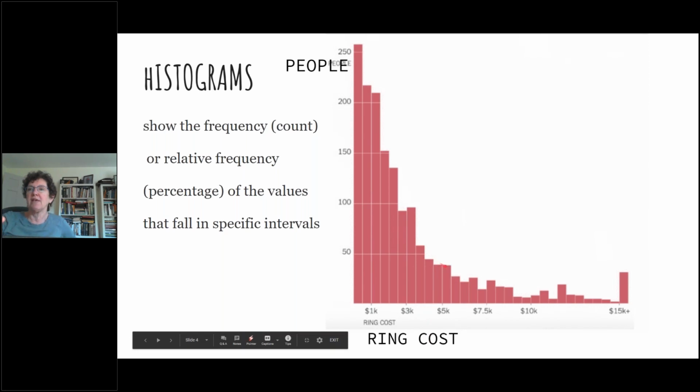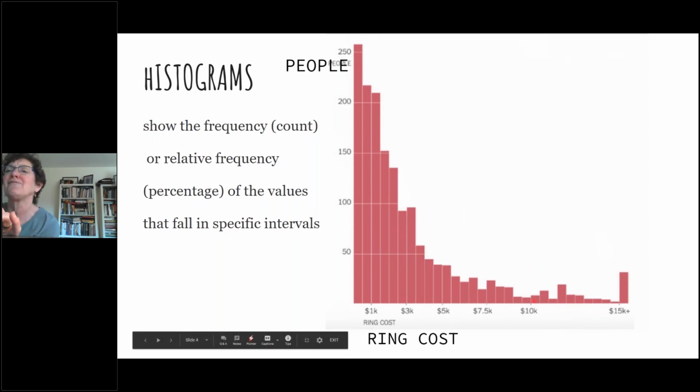Then here's something interesting right here, don't you think? Just a few are spending 15K. Between 10 and 15, look at that.